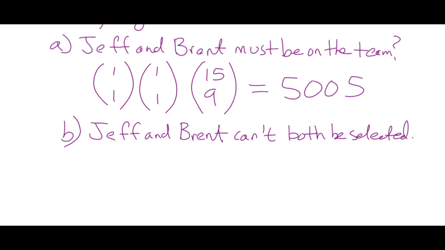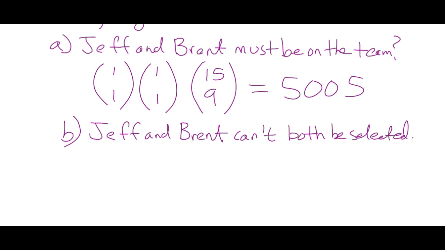So what are the possibilities then? If they both can't be selected, what could happen? So, okay, how many cases do we have to look at? 3. What are they? Jeff is selected, and Brent isn't. Or, right? Brent is selected and Jeff isn't. Or, neither of them. Good, we got 3 cases.